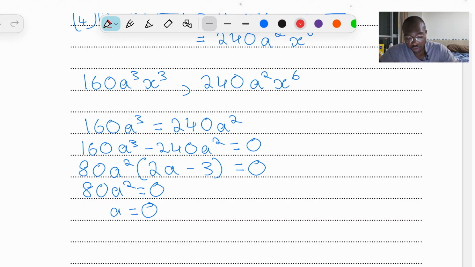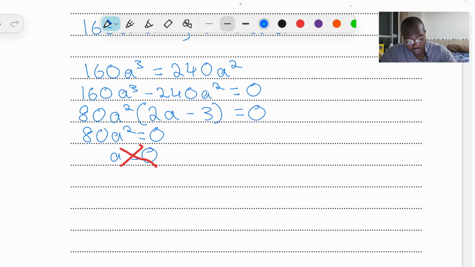So we would just disregard our 0, but it's always good practice to do it like this for future questions. So we now just have that 2a minus 3 is equal to 0. Therefore, if we work this out, we get a is equal to 3 over 2. And that's our answer for part A.